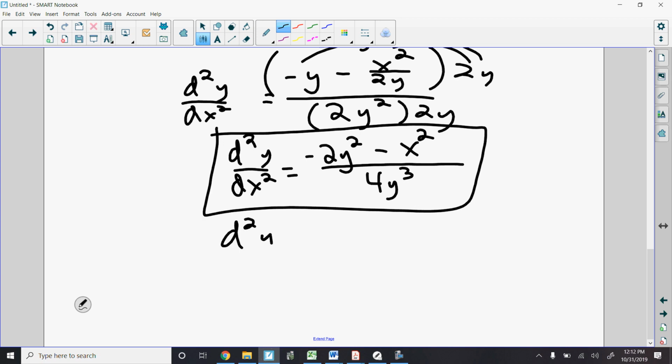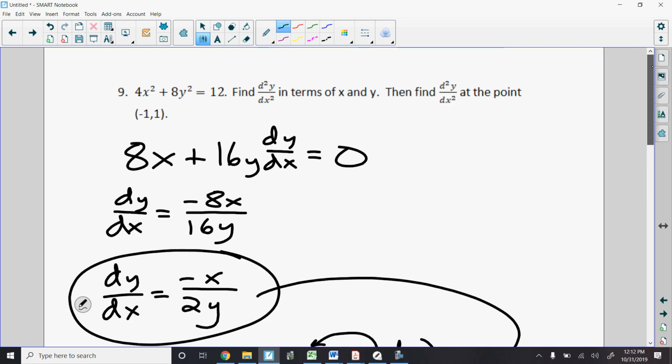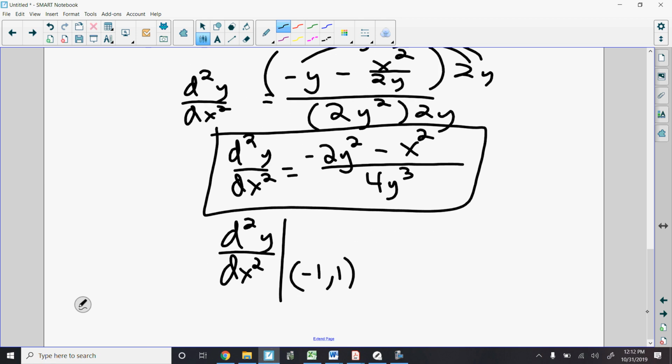The last thing I need to do is evaluate that second derivative at the point, I think it was negative 1, 1, I want to say. Let me double check. Yep, (-1, 1). So again, this is going in for x, this is going in for y.